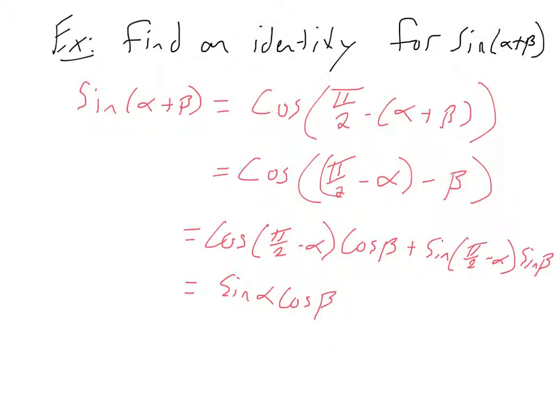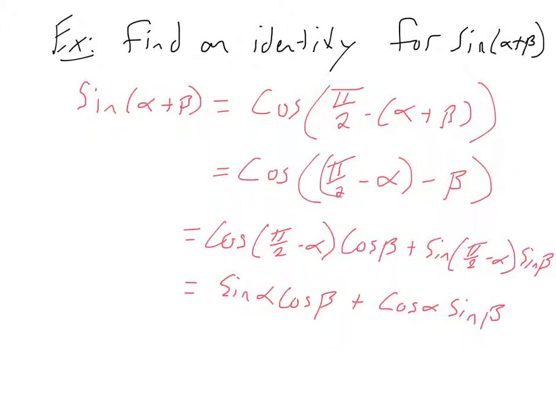By that same identity we just used a second ago, by the complementary identity, and in addition, we'll get that sine of pi over 2 minus alpha is just going to be cosine alpha, and this will be times sine beta, right?